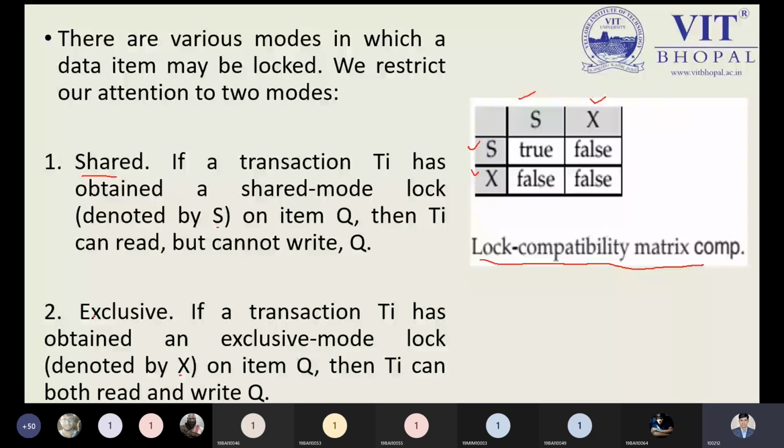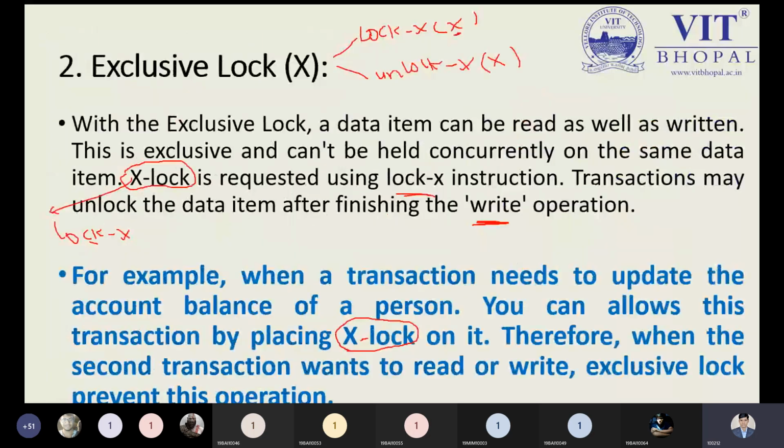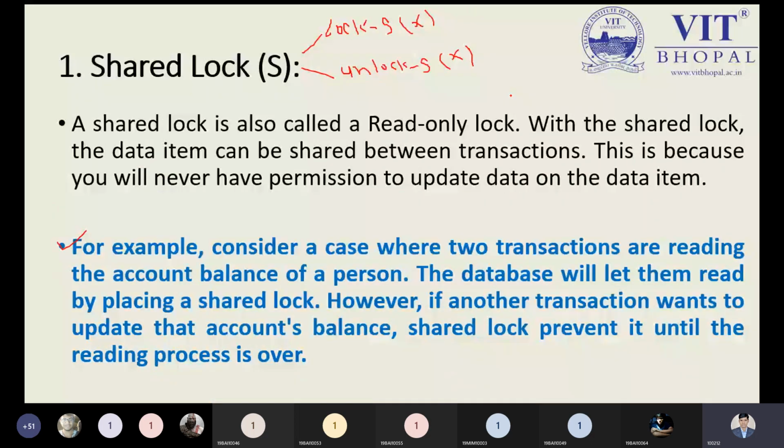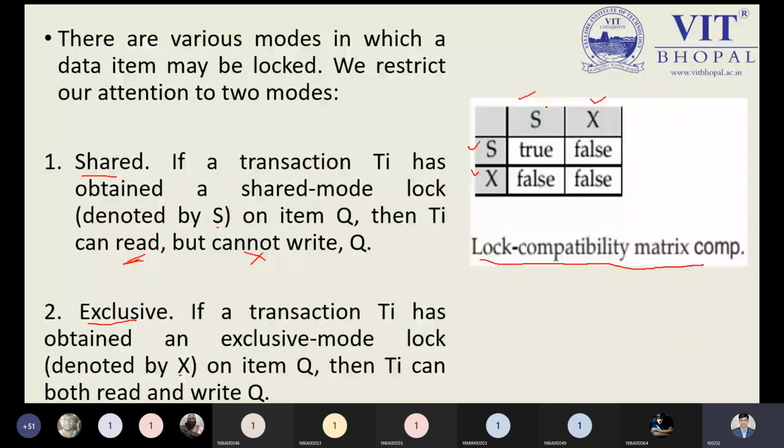But with the exclusive mode, you can both write and read. So this is the thing we need to keep in mind. This is a summary of this table representation, which is the lock compatibility matrix.